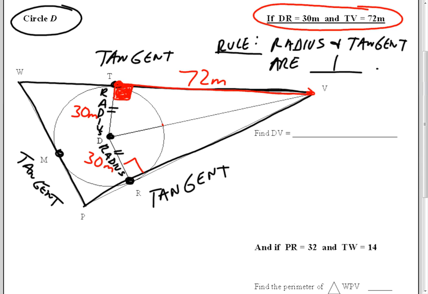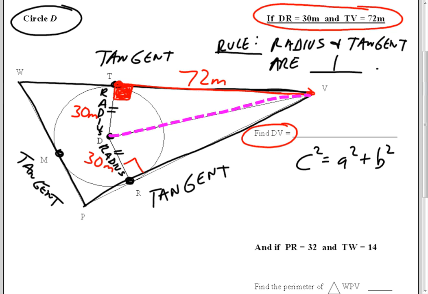30, 72, let's now take a look at what we're actually trying to find. We're trying to find DV, which is from here to here. What do you think's going on here? What kind of triangles are showing up? Right triangle. How am I going to find that? How about C squared, A squared, B squared?